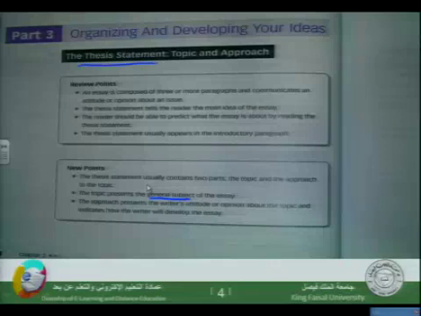It's very important because it makes the essay easier for the reader.